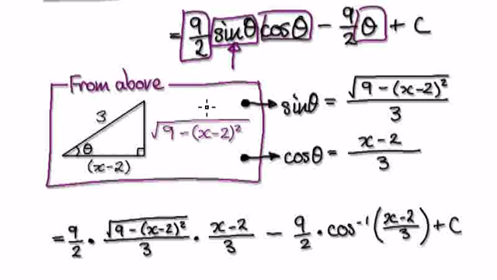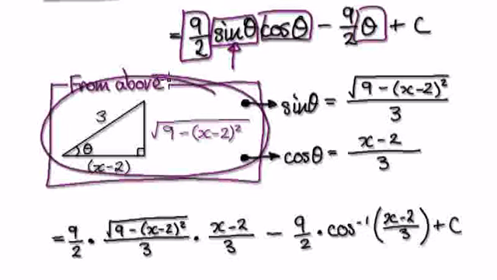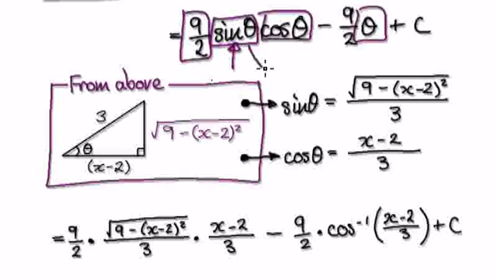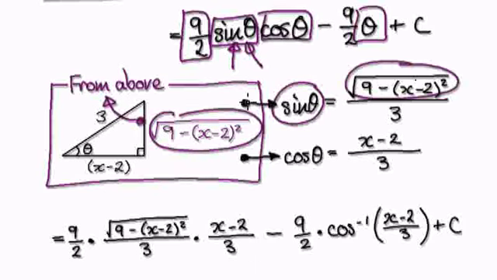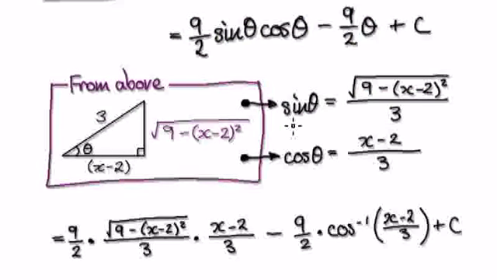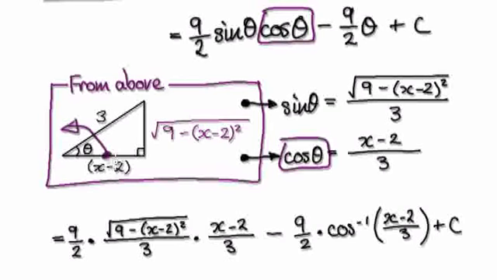So revert back to your diagram. This was our original diagram. If you want to know what sine theta is, sine theta would be this. So sine theta would be opposite over hypotenuse. And then if you want to know what cos theta is, well, cos theta is adjacent over hypotenuse.